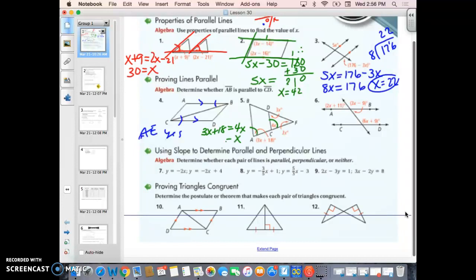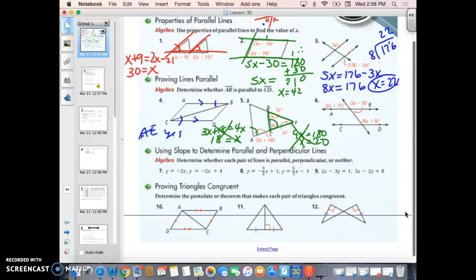So x equals 18. And now I know that all three of these angles in this triangle are going to have to add up to 180. So that's 9x equals 180. So let's see, x is 20. And since 20 does not equal 18, those are not parallel lines.